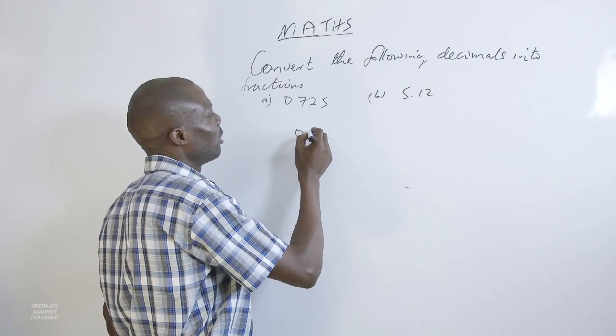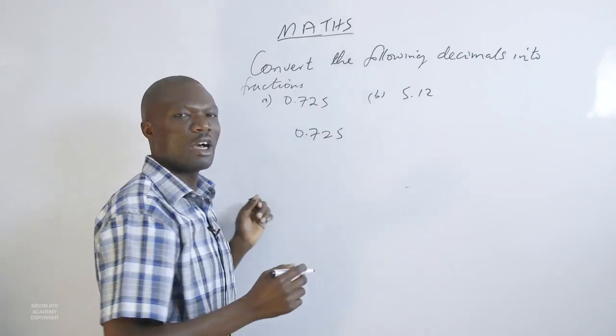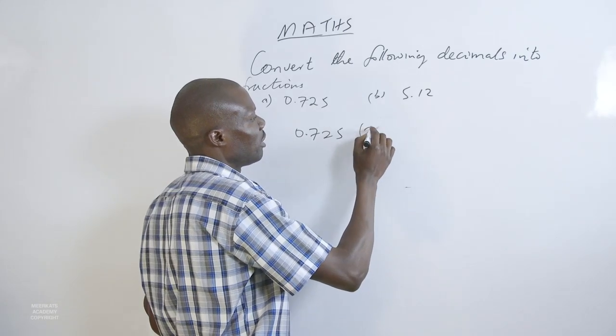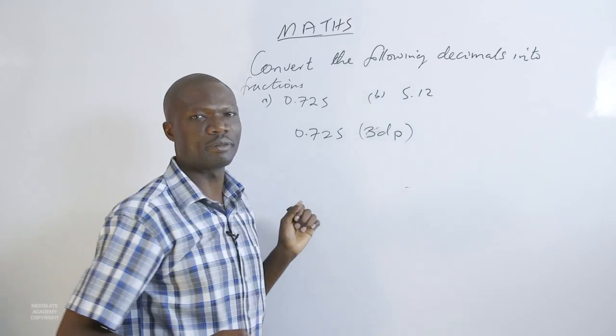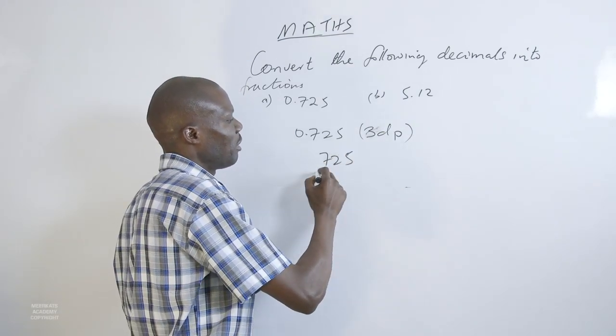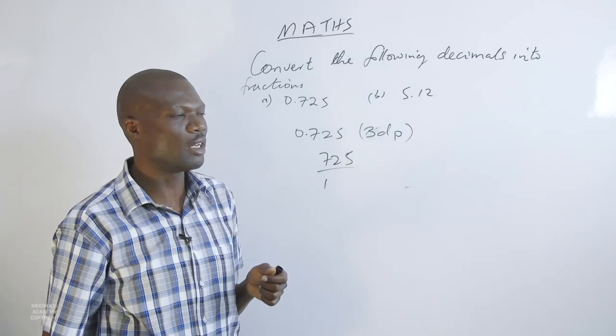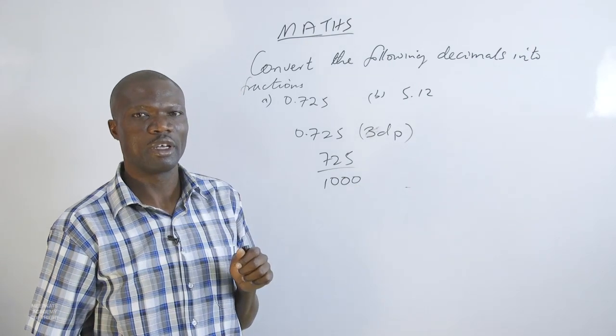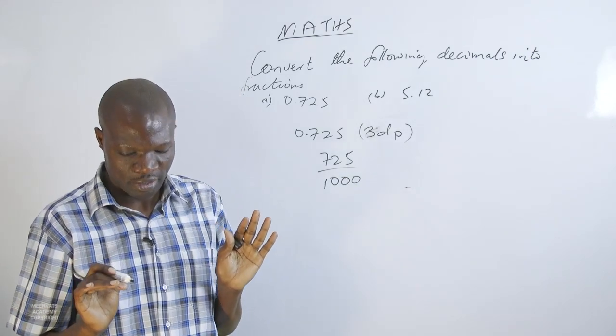So 0.725. How many decimal places are there? We have 3 decimal places. Therefore, this will be equivalent to 725 over 1 and how many zeros? 1, 2, 3. And then you simplify.